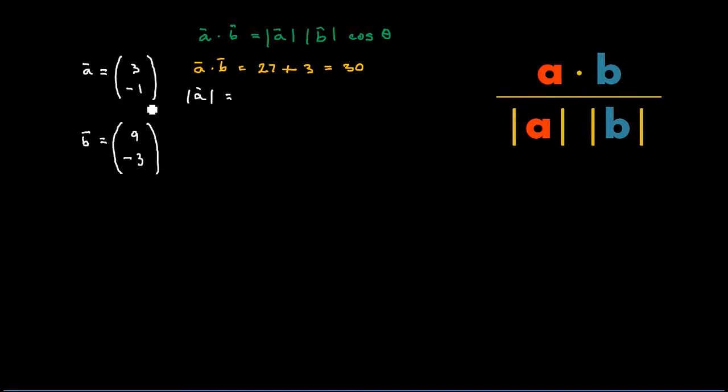So the magnitude of A is the square root of the first component squared. Well, that's going to be 9. Plus the second component squared. Well, that's minus 1 squared. But minus 1 squared is just 1 squared, which is 1. So we've now got the square root of 9 plus 1, which is going to be root 10. And I'm leaving it in exact form because I don't want to get into decimals.